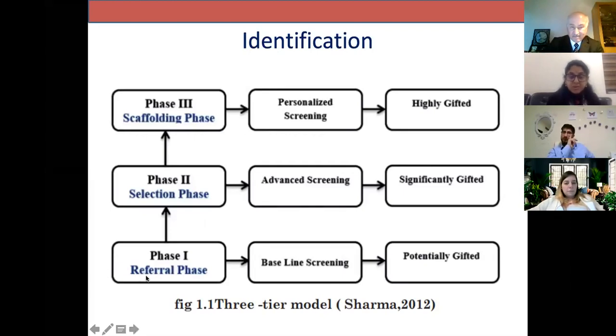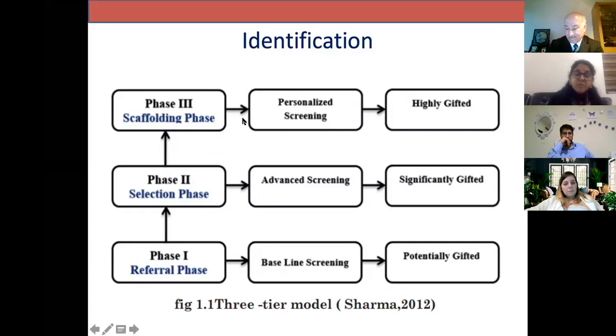The first was the referral phase, which is the baseline screening. The referral phase is basically where teachers give references, teachers nominate children, and I'll share how this referral phase works. And then there's the selection phase, where we conduct an ability test, you could say. Basically, it is a subject-specific, concept-specific identification assessment tool.